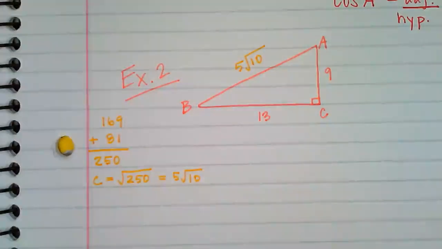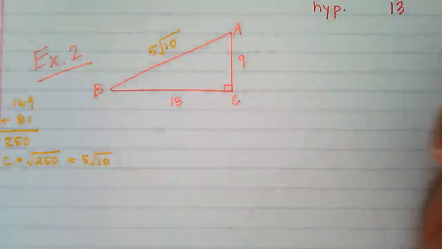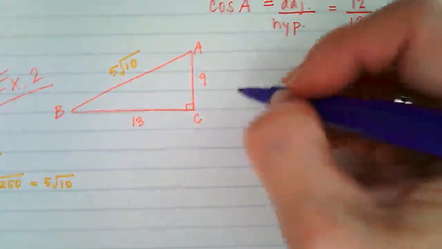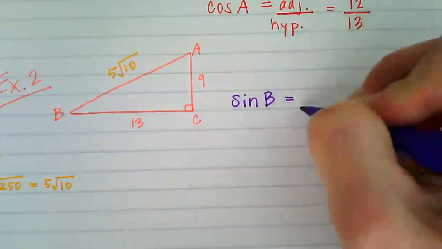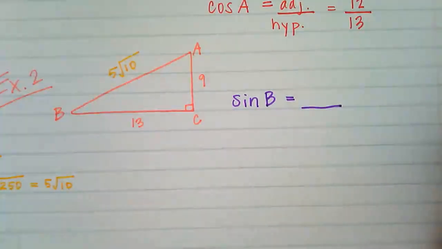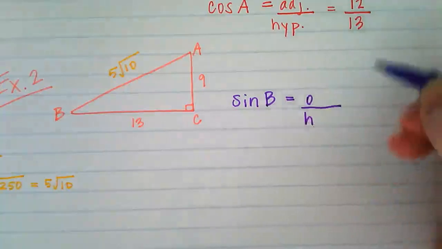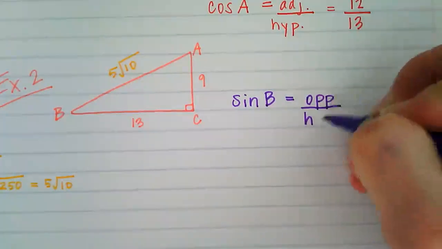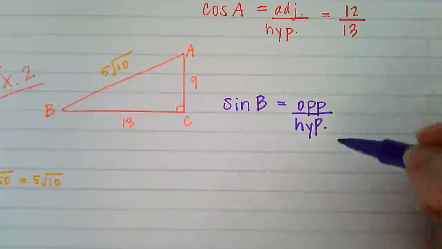All right. Okay, so now let's do the sine of B. Okay, so sine of B. So if you think SOHCAHTOA, the sine of B is opposite over hypotenuse. Opposite over hypotenuse.